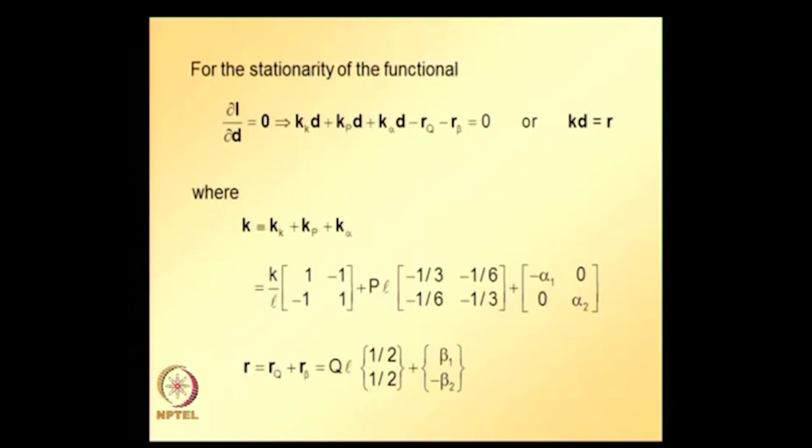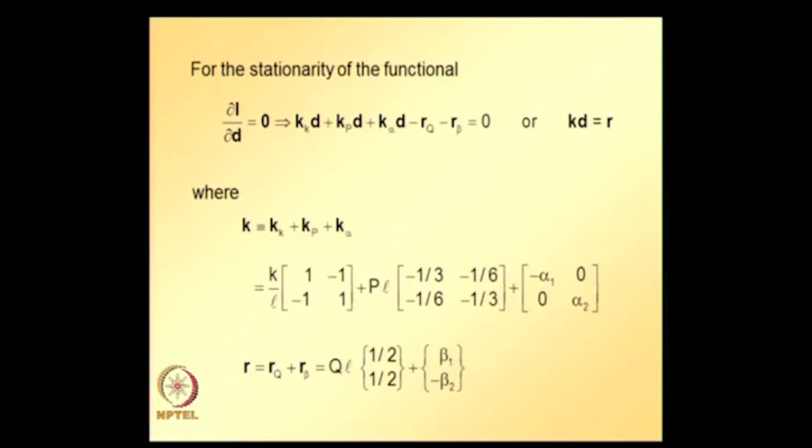And please note that this equation is obtained by assuming k, p, q are constants over the element, and note that alpha and beta terms result from natural boundary conditions specified at the ends.